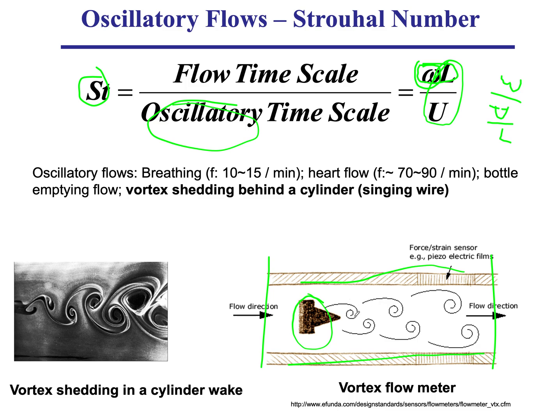So these vortices, as they come past this strain gauge, will induce positive and negative pressures and strains. And when that happens, that strain sensor is going to give you, as a function of time, a signal that looks like this.